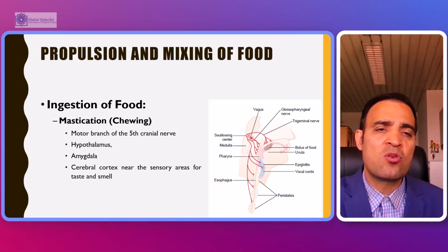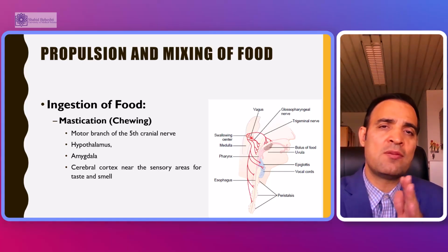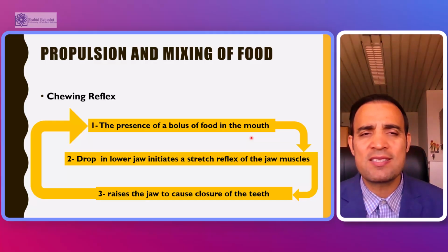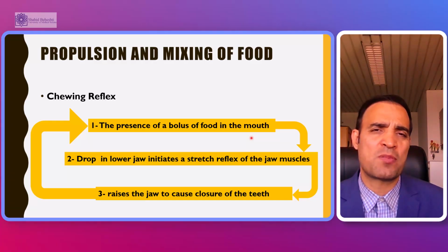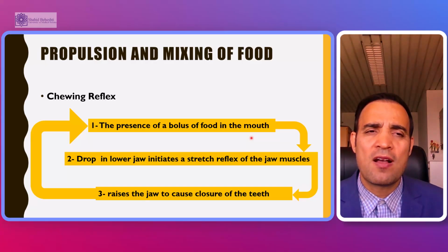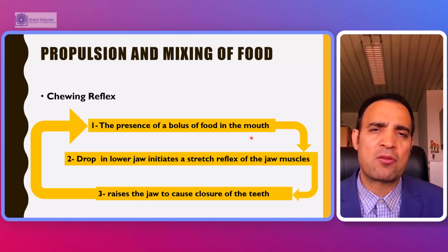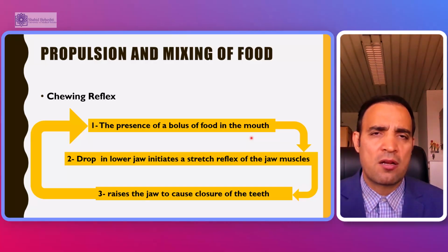But under the normal situation, if these inhibitory factors are not available, we can say that chewing mechanism, as I told you, it is a reflex or is a rhythmic mechanism. When we are not thinking about the chewing, it will be done automatically.